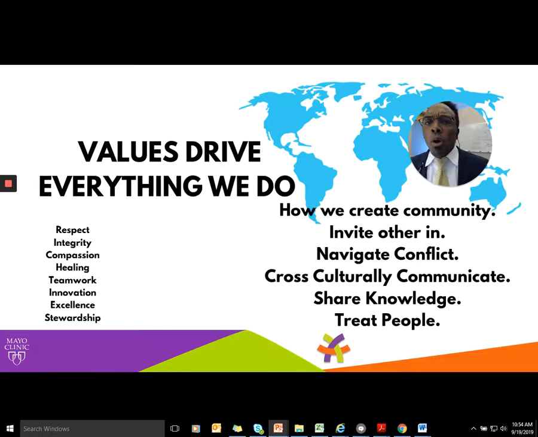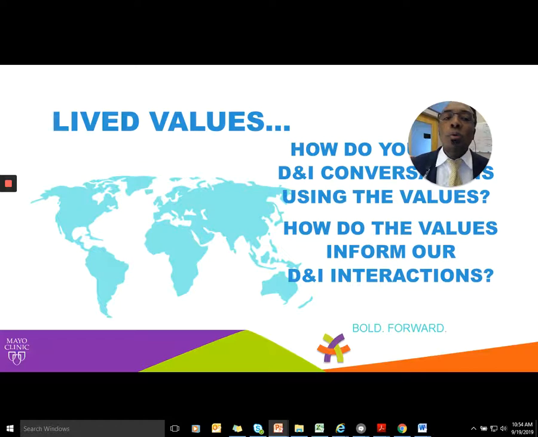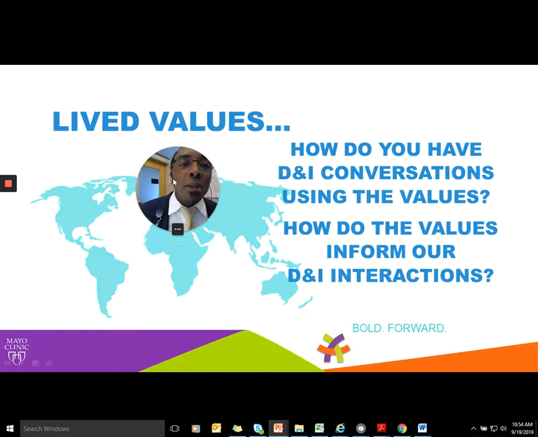Our values should drive everything we do: how we create community, how we invite others in, how we navigate conflict, how we communicate cross-culturally, how we share knowledge, how we treat people should always be based on our values. Those Rich Ties values drive how we interact with patients and the world. And we know that people can't necessarily see your values unless they're lived. Here are a couple of key questions I want you to keep in mind.